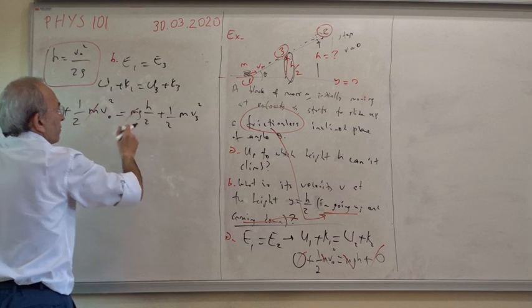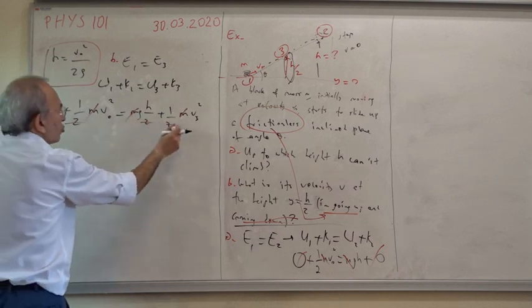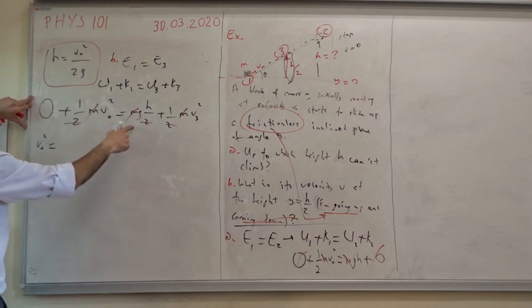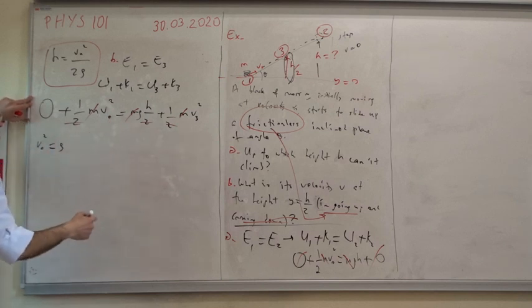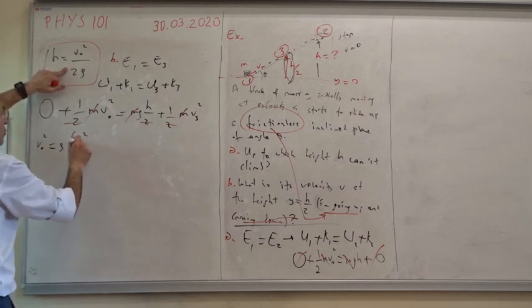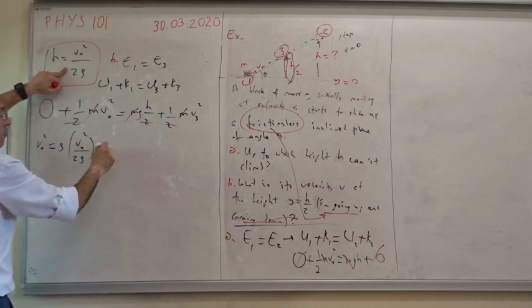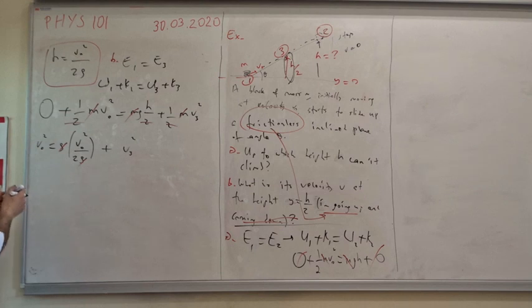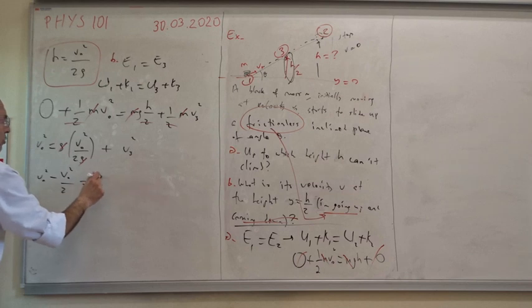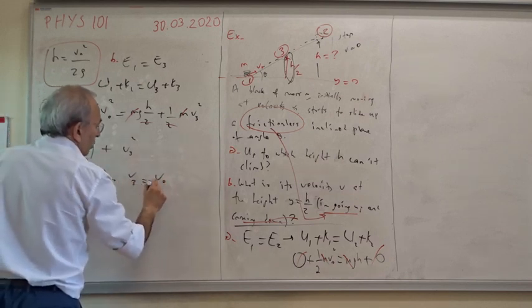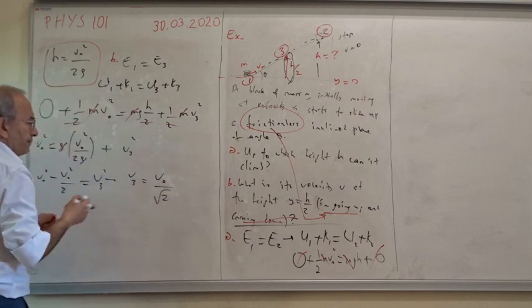So we can cancel the masses. You can also cancel these 2's, and we have v0 squared on the left. g times h. What was h? We already calculated h to be v0 squared over 2g. Now plus v3 squared. So these g's will cancel. v0 squared minus v0 squared over 2 corresponds to v3 squared. So 1/2. Therefore v3 corresponds to v0 over root 2.